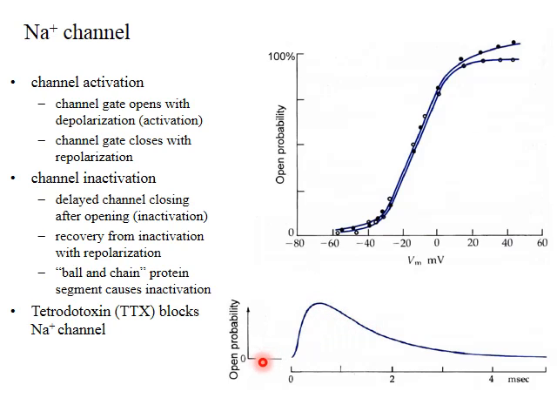Remember, we have depolarized the cell, and the cell remains depolarized. But even though we're still sitting at a membrane potential of +10 millivolts, the open probability decays, and then within a few milliseconds, the open probability has dropped down to near 0.